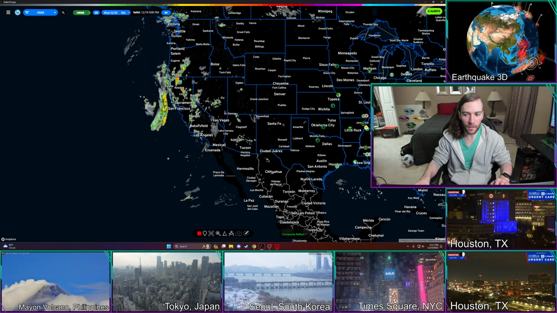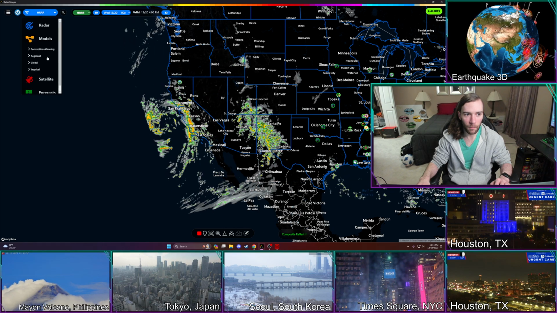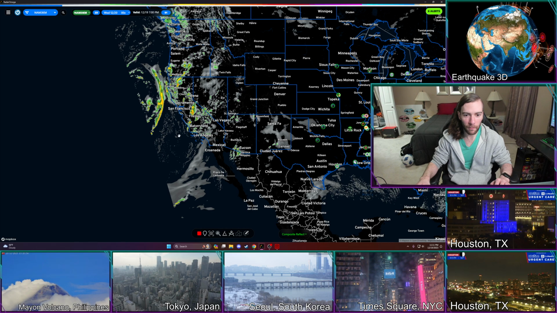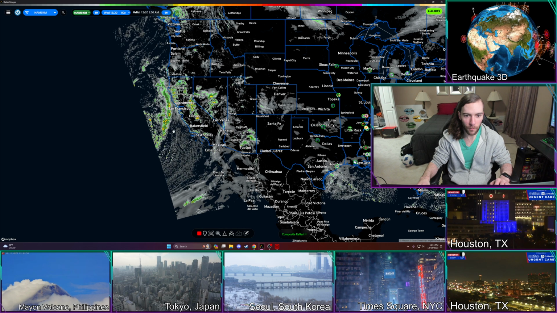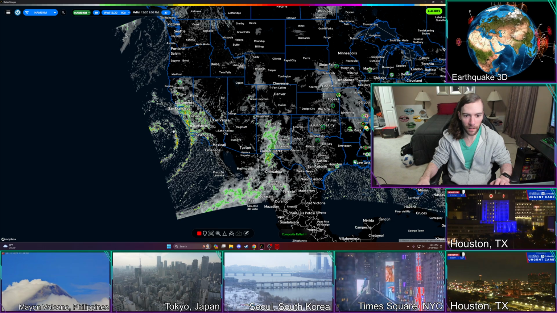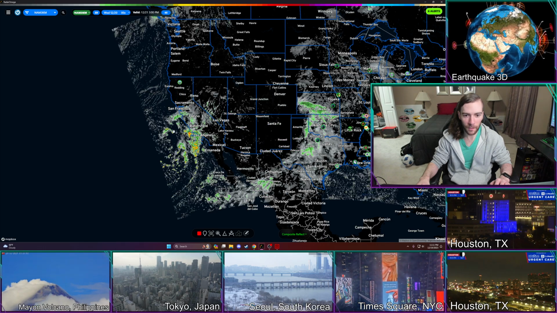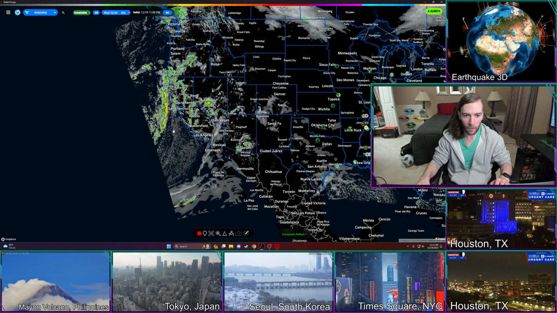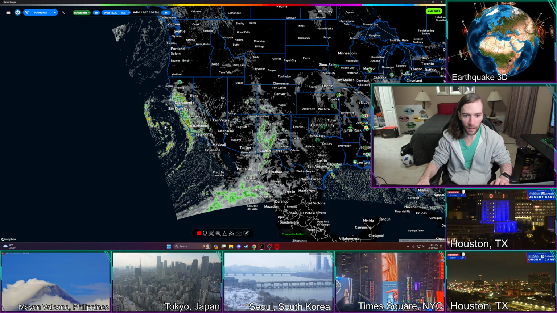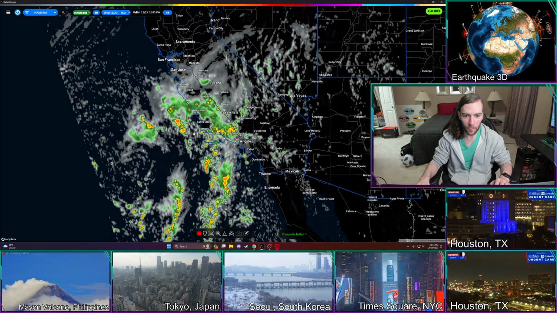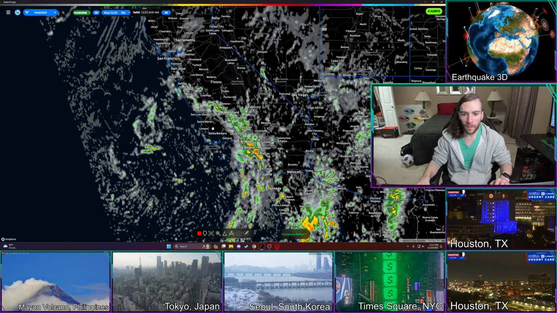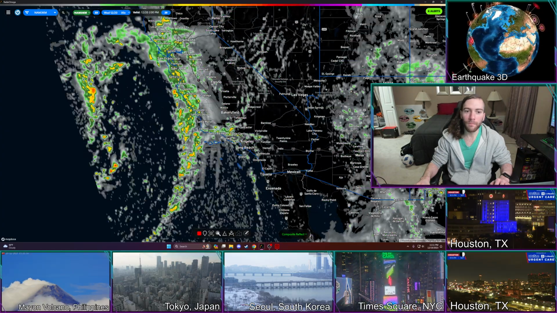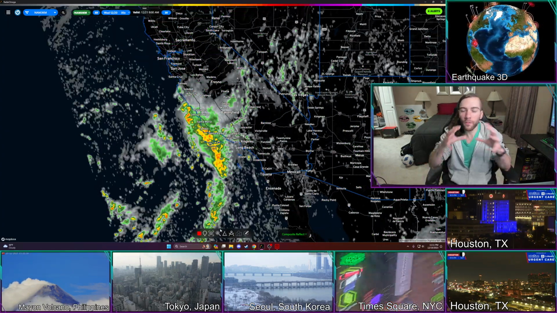First of all, let's look at the NAM 3K, and this is a higher-res version of a similar kind of model. You can see smaller individual cells of the storm.